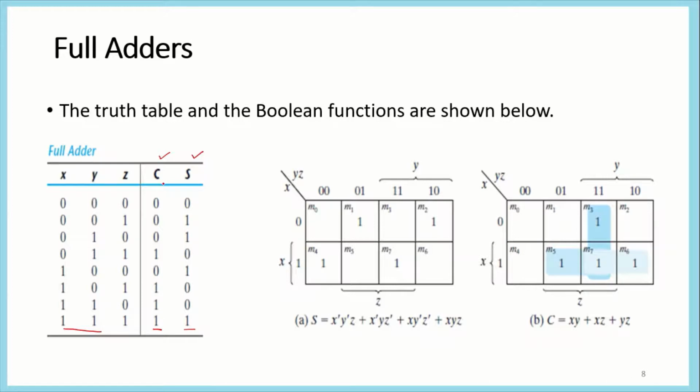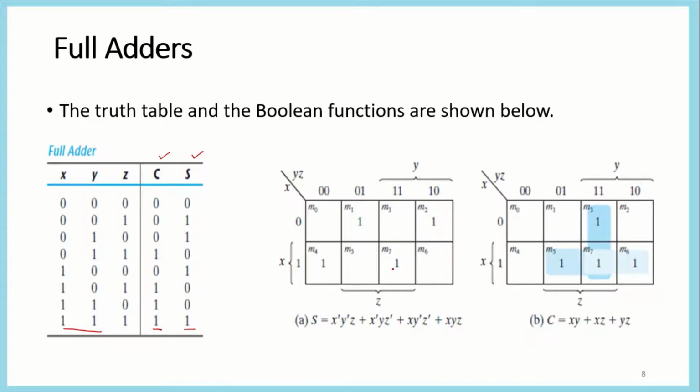So if we try to minimize the expressions of sum and carry, we follow the K-map technique. First we use sum as the system output and put 1 in the K-map for each minterm we have.